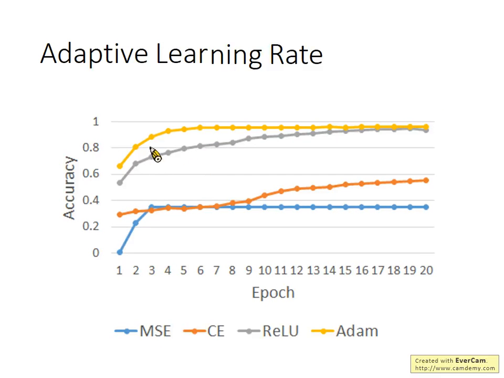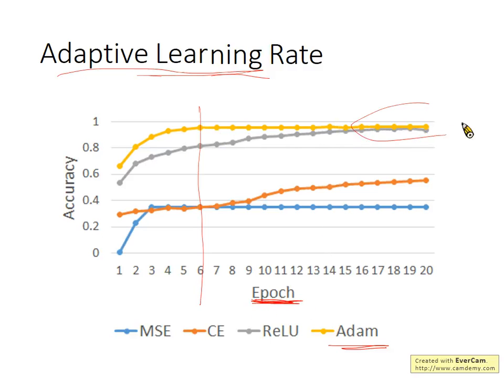Then if we use an adaptive learning rate like Adam, we have higher training accuracy when the number of epochs is small. And if we keep increasing the number of epochs, we may have similar training accuracy.